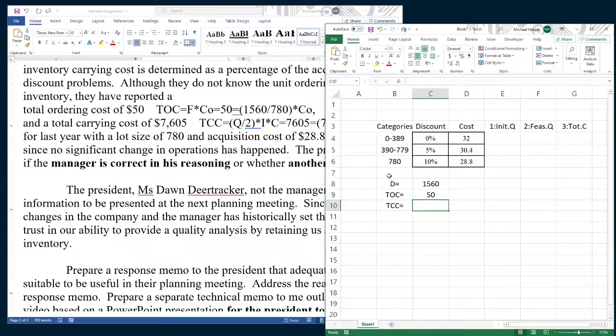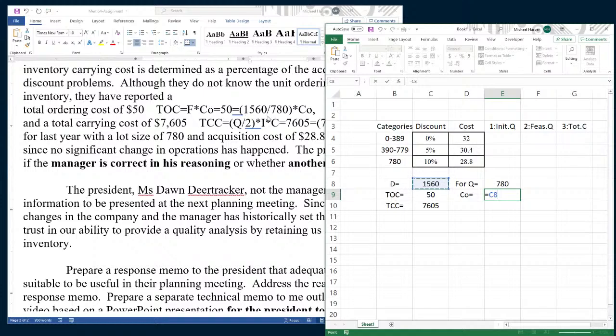Total carrying cost is 7605. Now over here, let's just say Q equals, it was 780, right? And here for C sub O, that's going to equal, remember, it's going to be our demand, right?